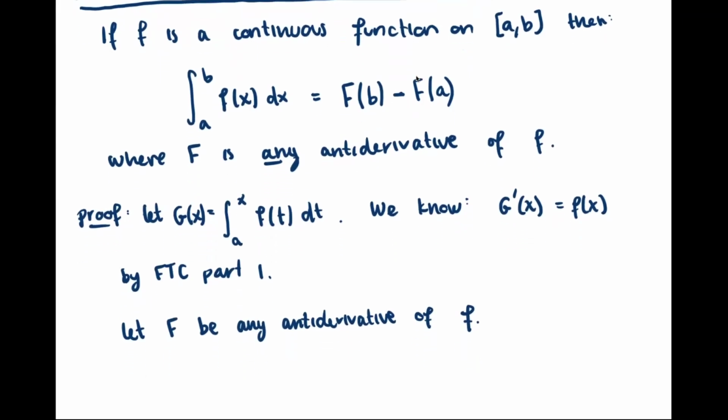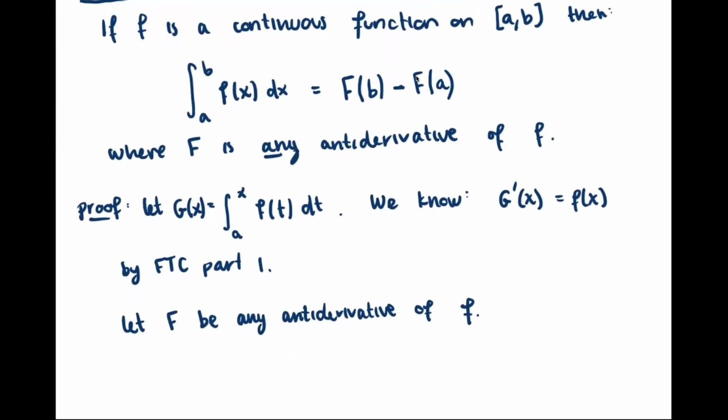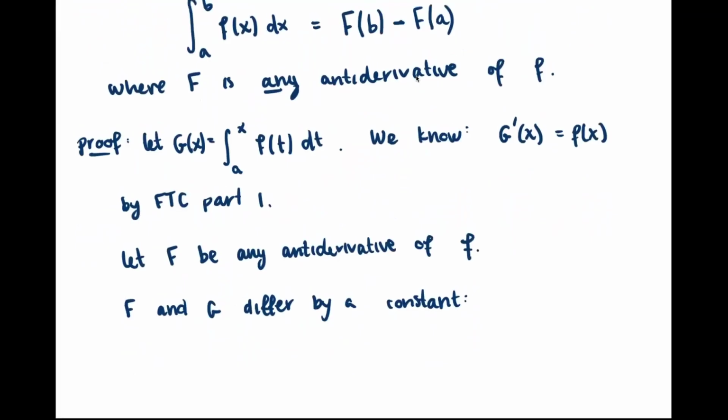So F and G must differ by a constant. So I can write capital F of x is equal to capital G of x plus some constant. And this is true for all x in the interval a to b.